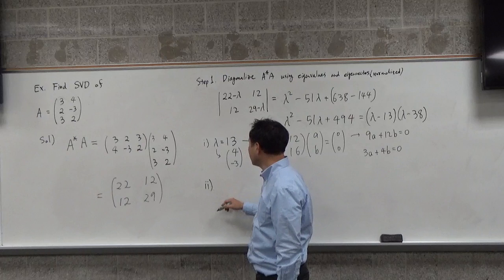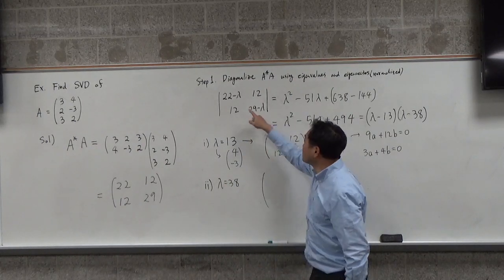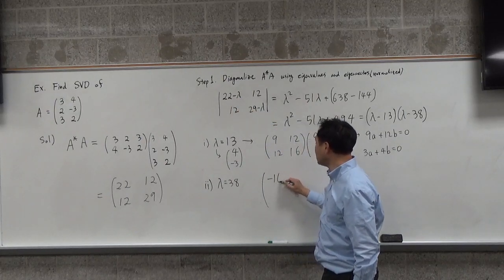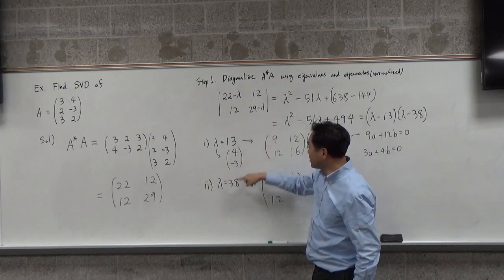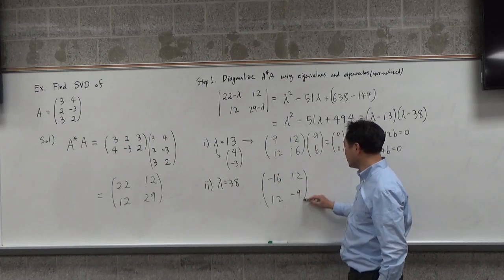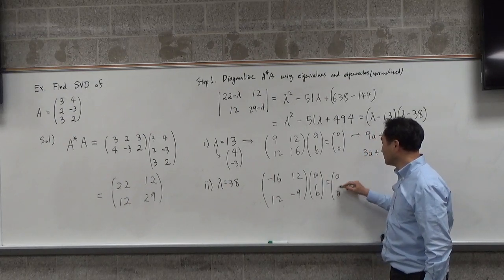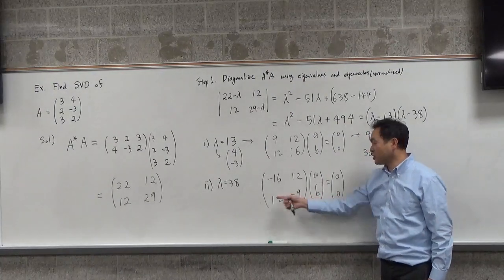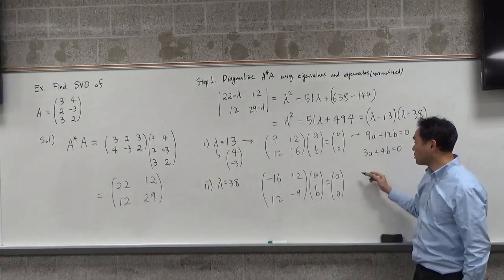Secondly, for lambda equal to 38, let's see what happens if I put 38 there. 22 minus 38 is negative 16, 12, 12, and 29 minus 38 gives you negative 9. Again, this is a degenerate matrix, so the second equation will be the same as the first equation, so we just write down the first equation.